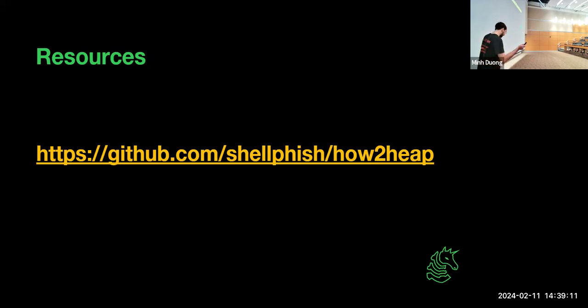So resources, how2heap. Shellphish has a really great GitHub repository with a bunch of proof of concept C files that show off different forms of heap exploitation techniques, each of which are organized into glibc versions where they're valid.